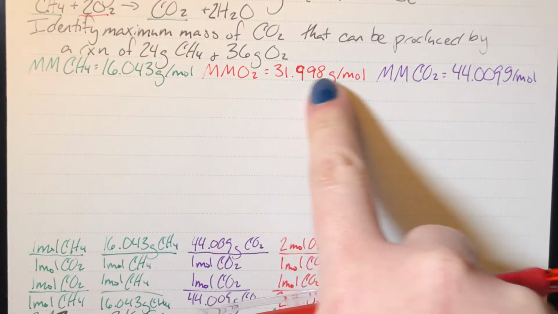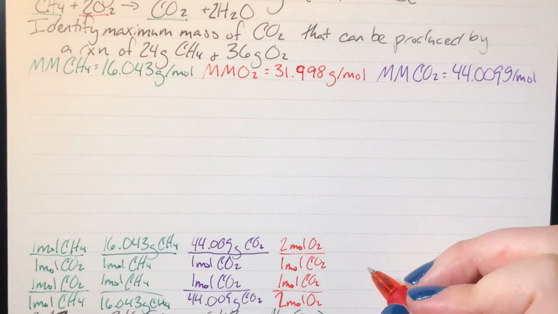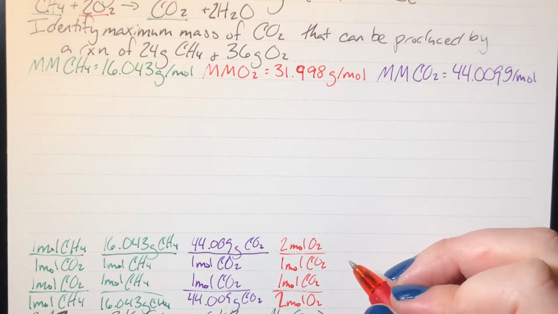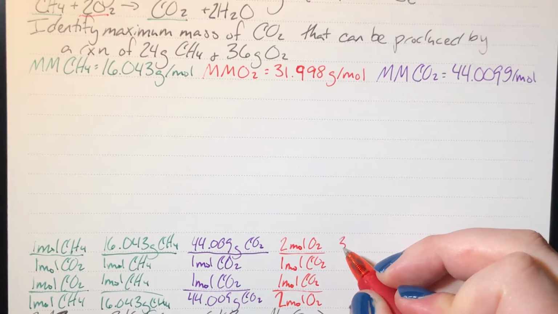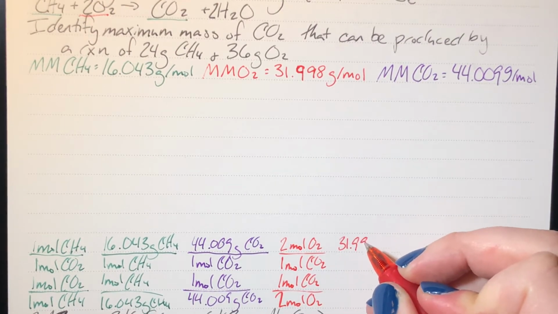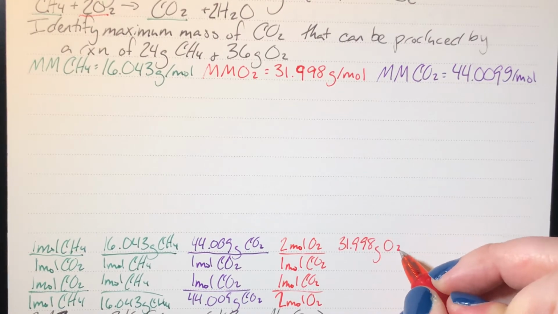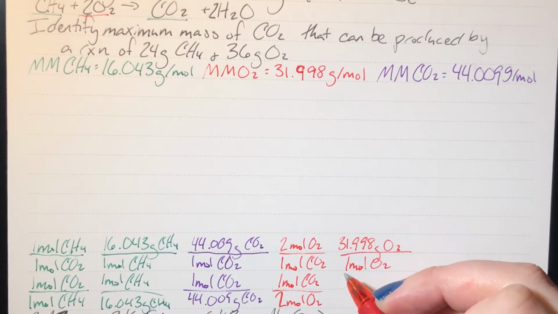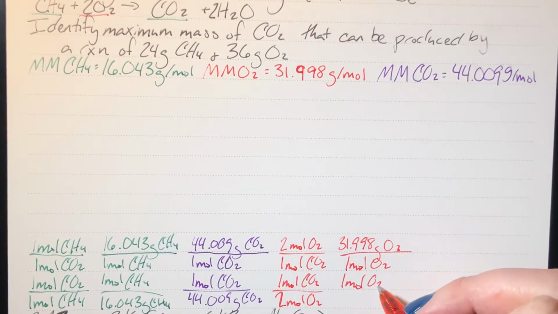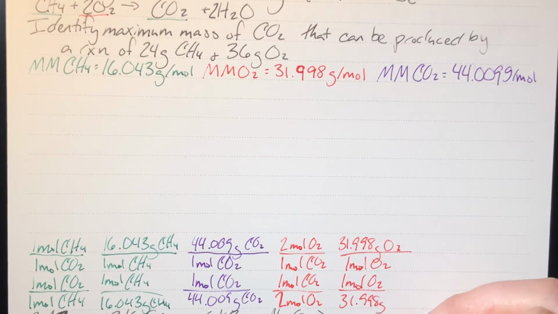And then finally, I'll establish the molar mass of oxygen as a conversion factor. So 31.998 grams of oxygen for every 1 mole of oxygen. For every 1 mole of oxygen, it's 31.998 grams of oxygen.